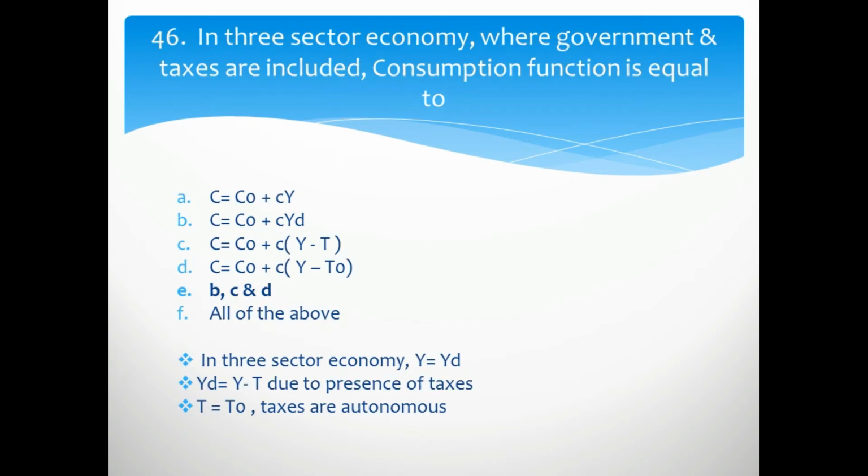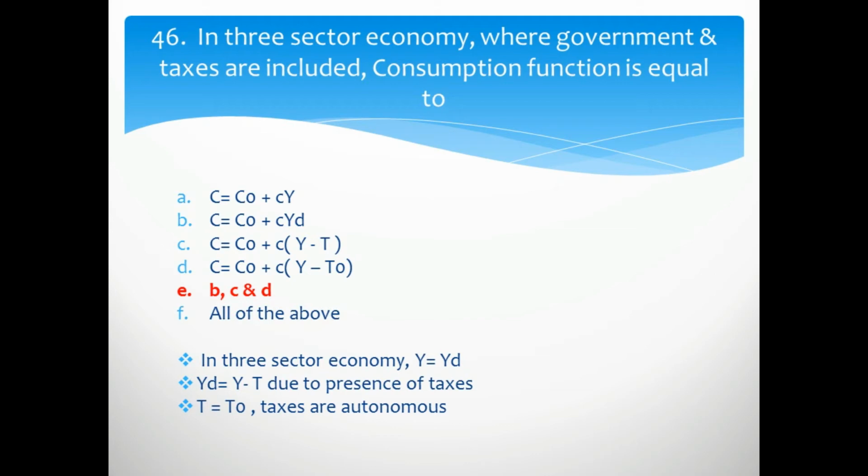In a three-sector economy where government and taxes are included, the consumption function is equal to, the right option is E, that is B, C and D. Where government is included, obviously taxes will be included. When taxes are included, the national income of the consumer will be the disposable income, because he has to pay the taxes.